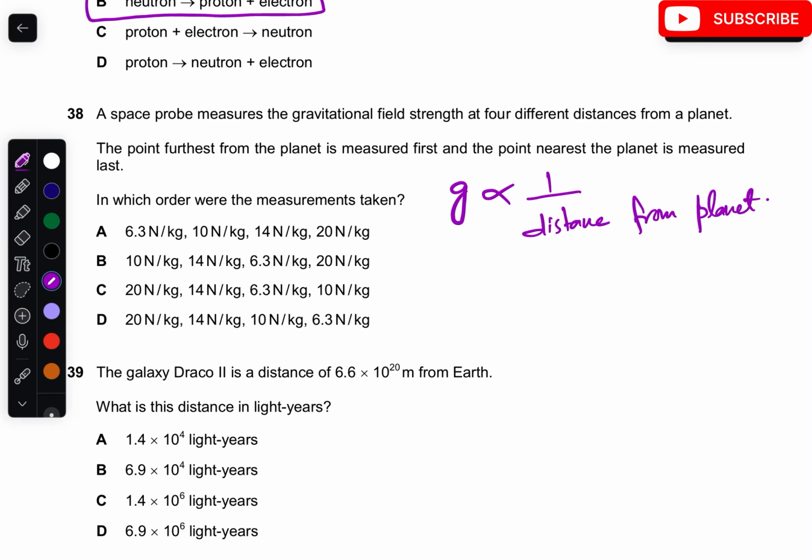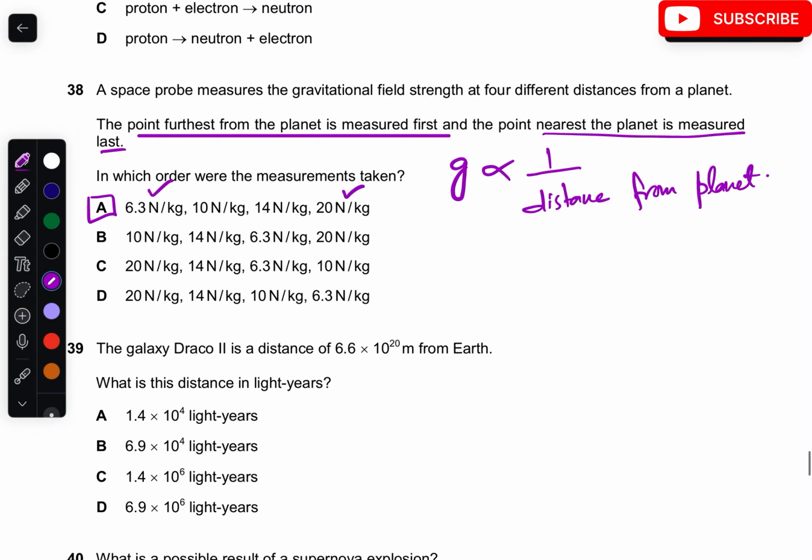If you are away, the strength will be less, and if you are close, the strength will be more. So the order will be this. They are coming close to the planet. The point furthest from the planet is made first, so it will be the lowest, and nearest will be measured last, so this will be the highest value.